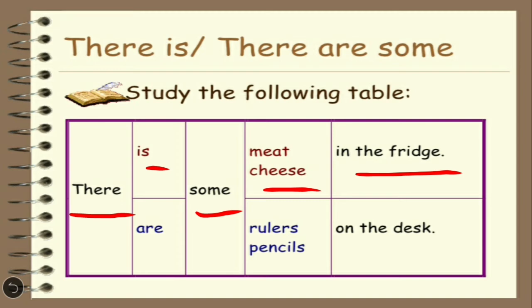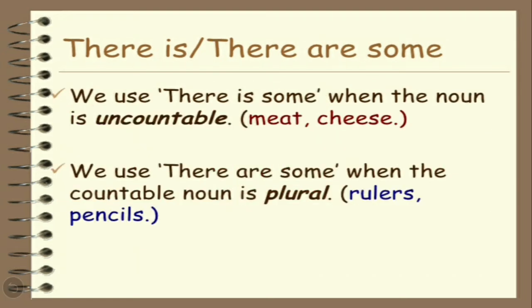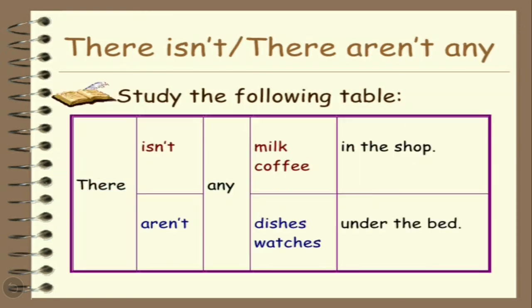When we talk about the plural, we will say there are some rulers or pencils on the desk. So these are the uncountable ones and these are the countable ones. So we use there is some when the noun is uncountable, and we use there are some when the countable noun is plural, when there is more than one, like the rulers, pencils.